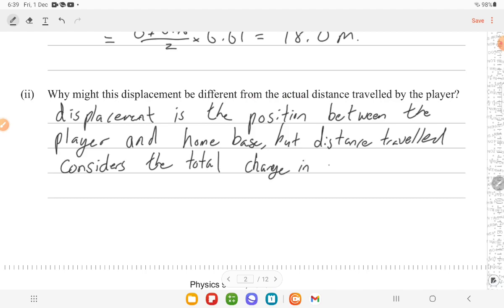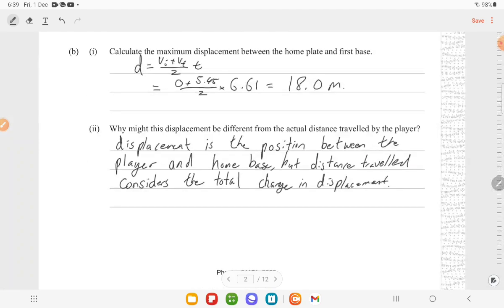That was slightly worded badly, but displacement is just the change in position, while distance traveled is the total, like how far you went back and forth and how long you walked, basically.